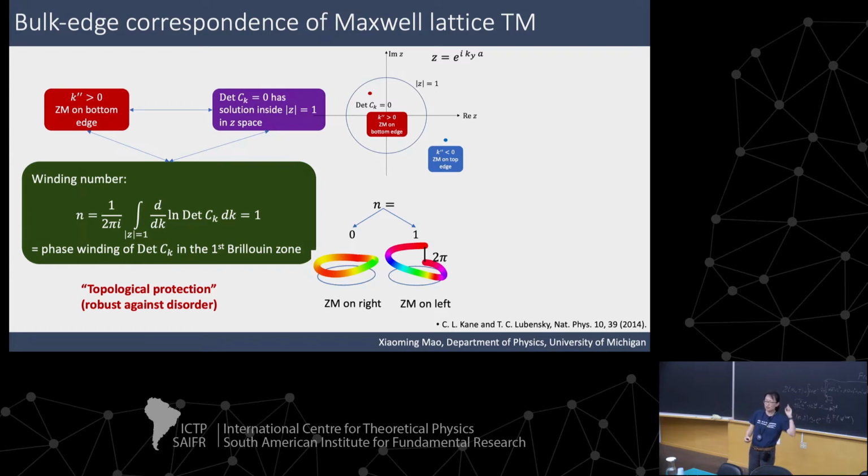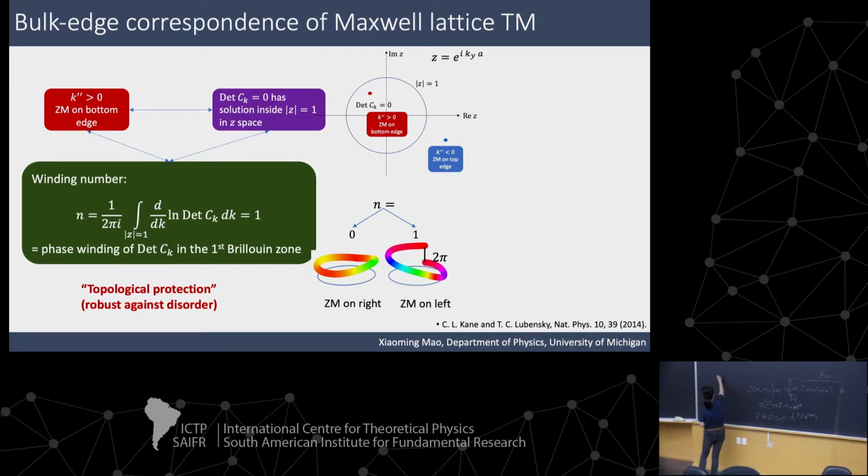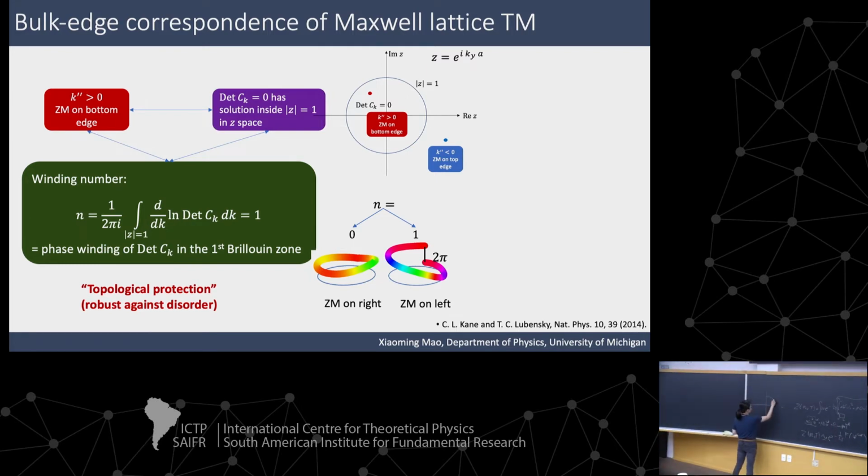Okay. And actually, we now have a more robust version of defining this winding number where you actually change the contour so that you go around this point. So basically, instead of doing the integral like this, you do the integral like this.